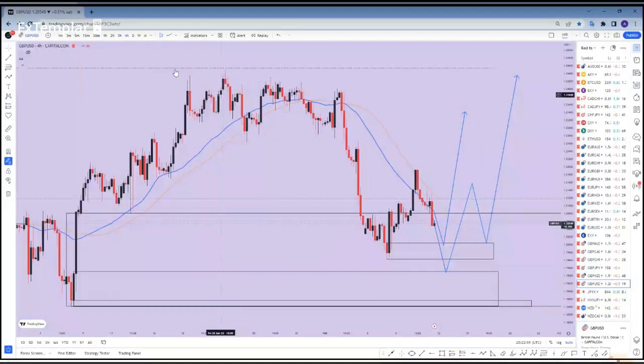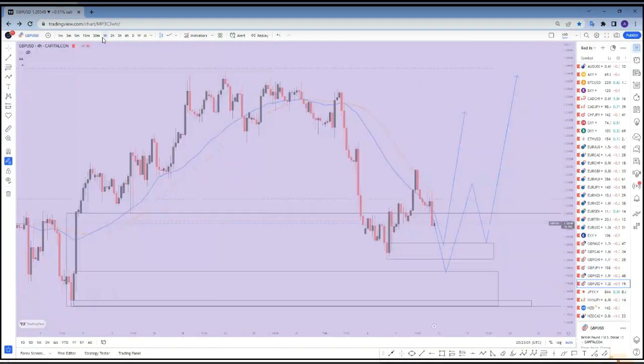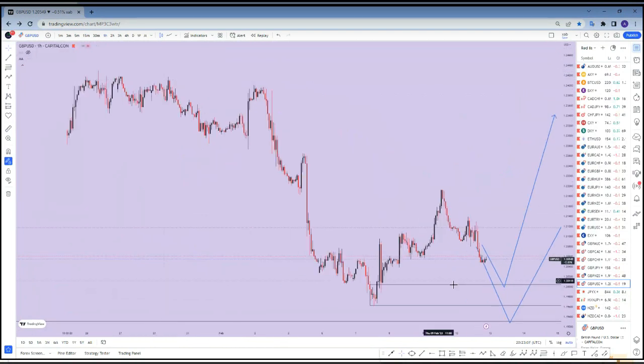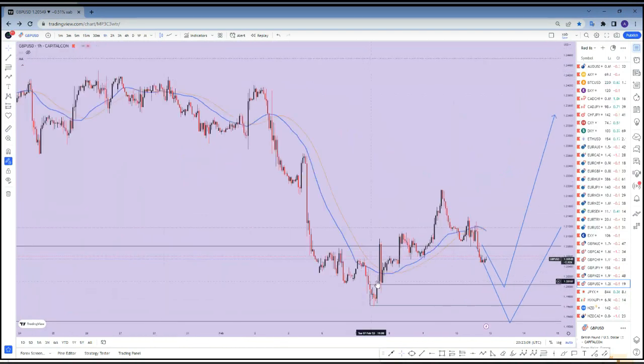Especially considering that currently GBP is not really giving me the vibe that it wants to be bullish. And if you see GU on the 1 hour time frame, it looks like we've gotten some really exciting setup over here.